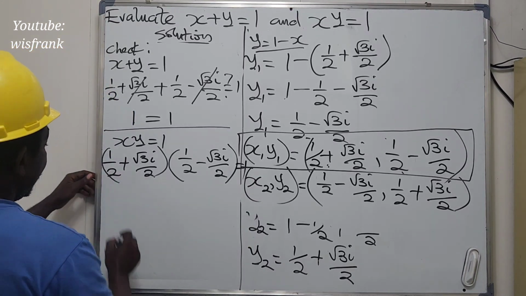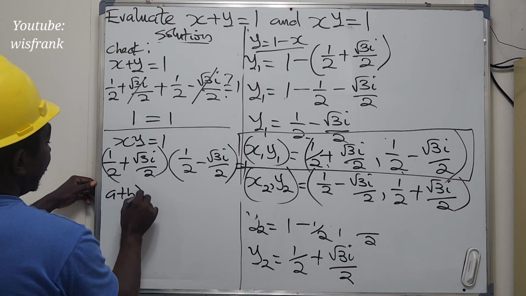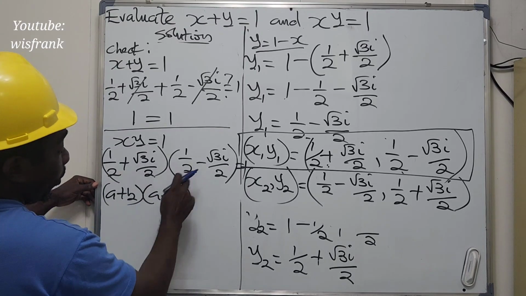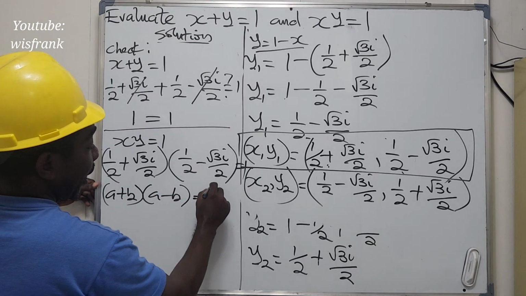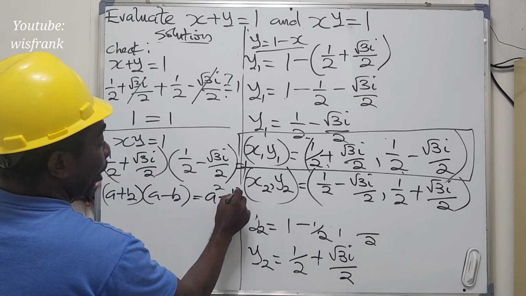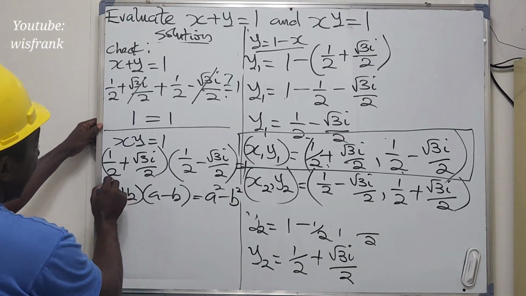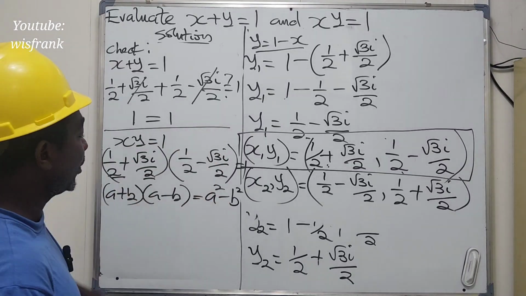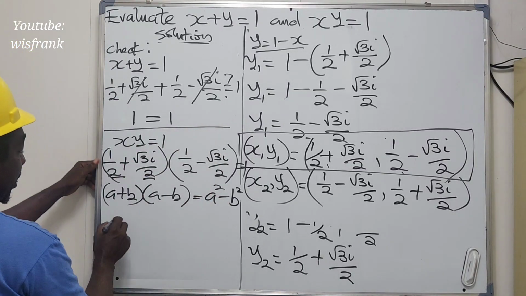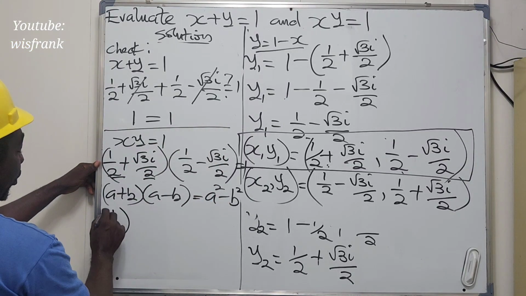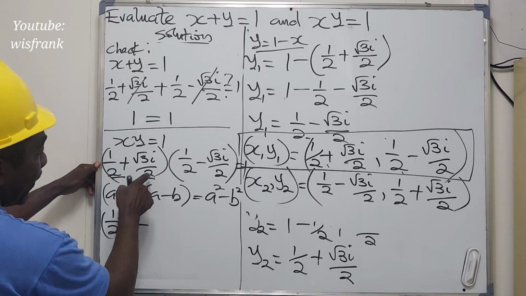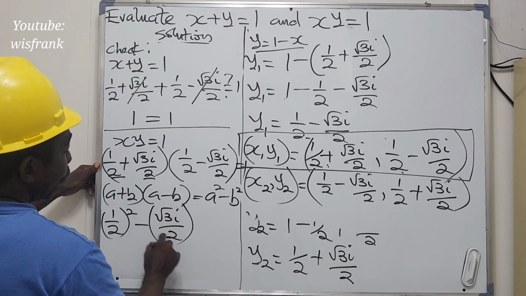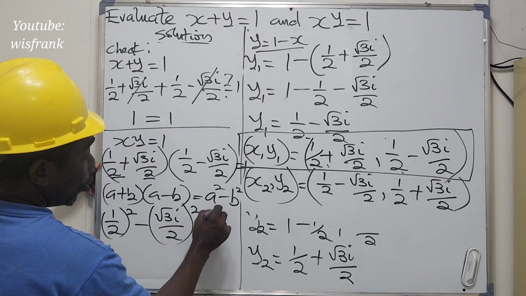This is the same thing as having (a plus b) all into (a minus b), which is a difference of two squares: a to the power of 2 minus b to the power of 2. So this is our a and this is our b. We express this in this format: a squared, which is 1 all over 2 all to the power of 2, minus b squared, which is root 3i all over 2 all to the power of 2. Will it equal 1?